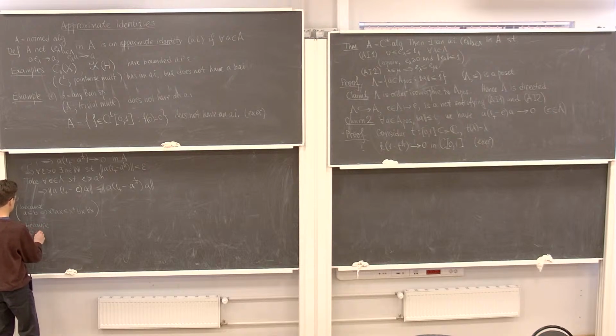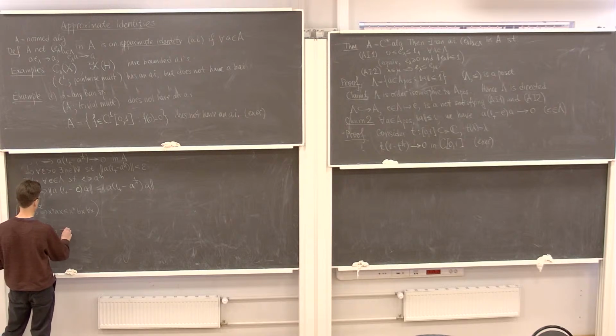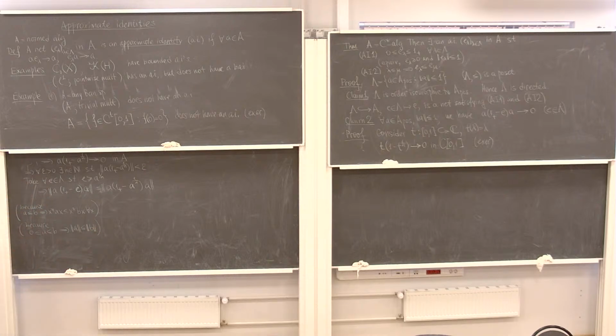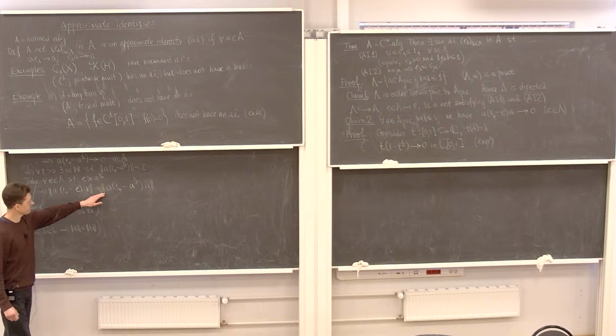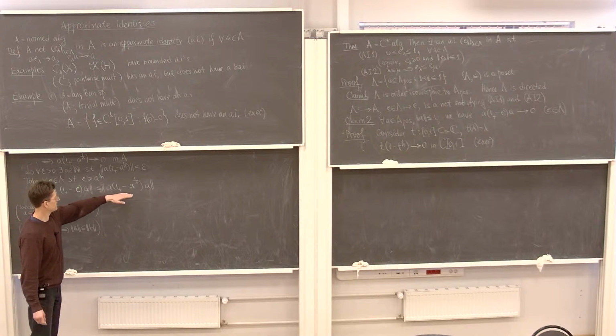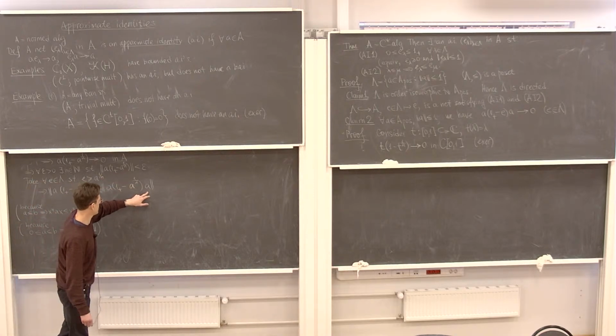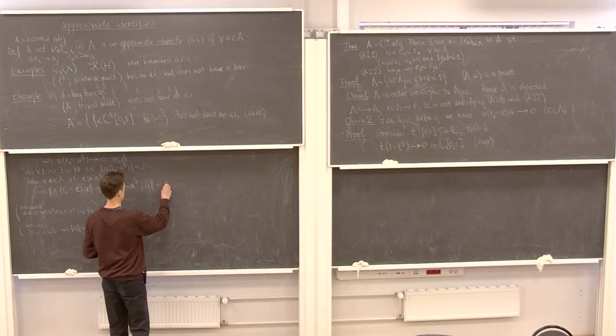If A and B are positive elements and A is less than or equal to B, then the norm of A is less than or equal to the norm of B. So we have this inequality. The norm of this element is less than or equal to the norm of this element because A sits in a unit ball. And so it is less than epsilon.